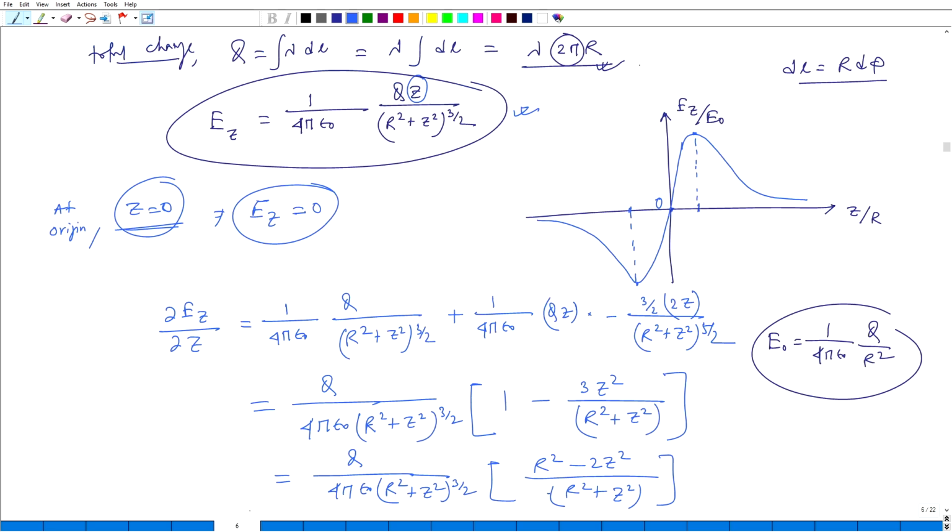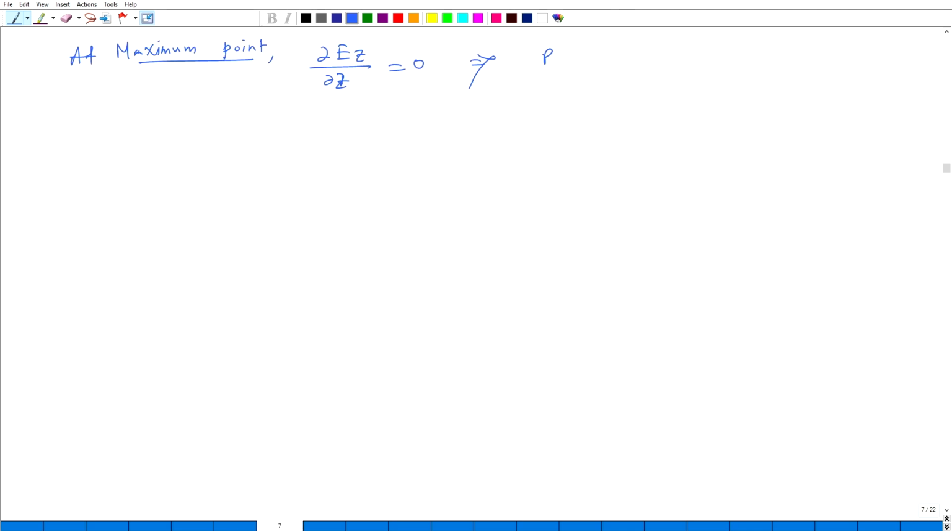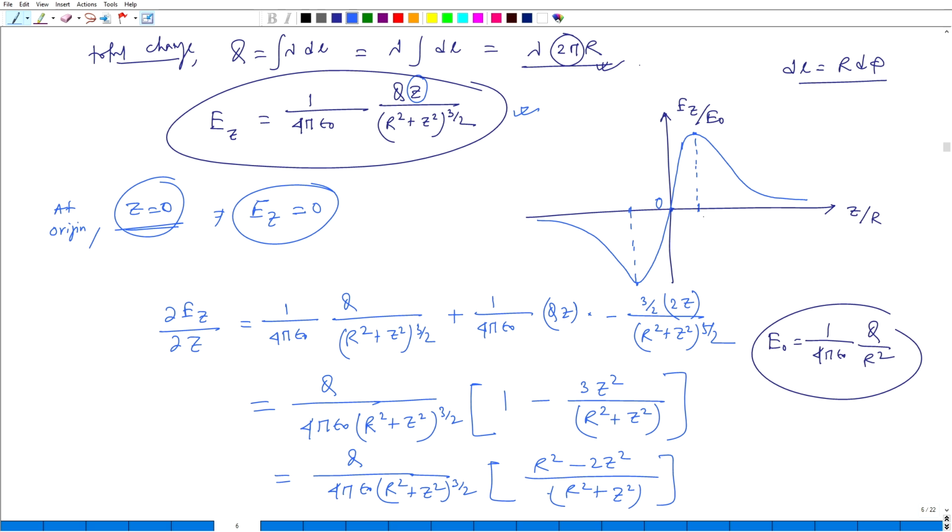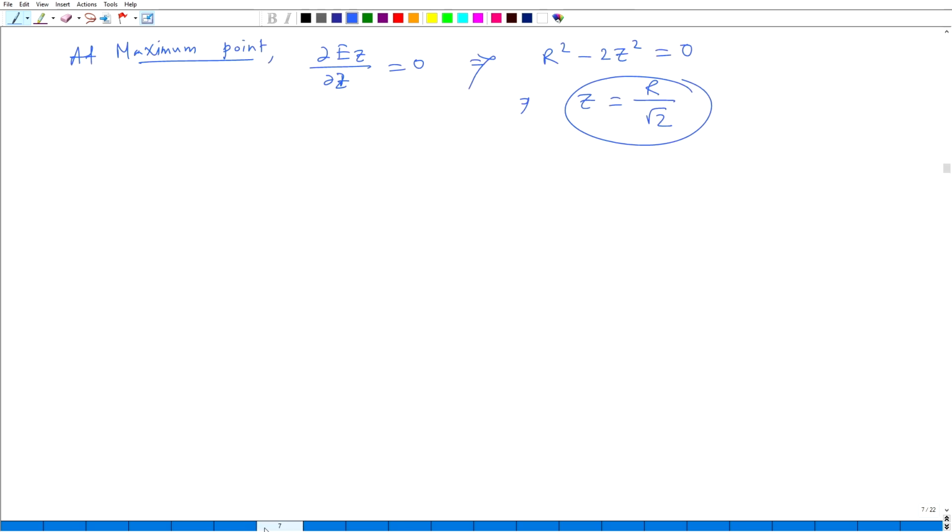This implies that r square minus 2z square becomes 0, so z equals r over root 2, or minus r over root 2. So at a distance z from the center on the perpendicular axis, at a distance r by root 2, the electric field becomes maximum.